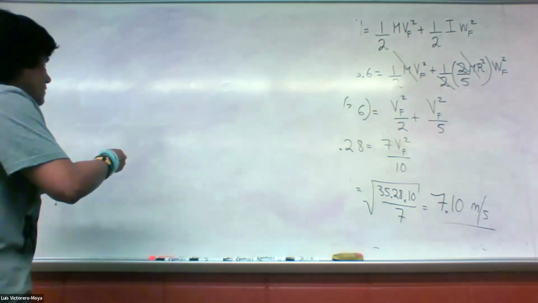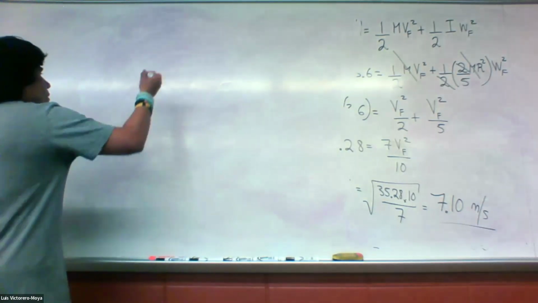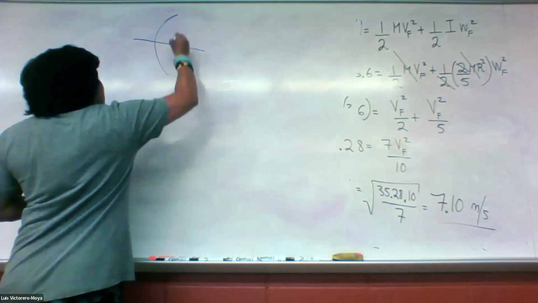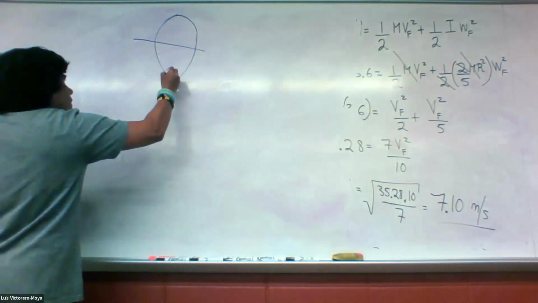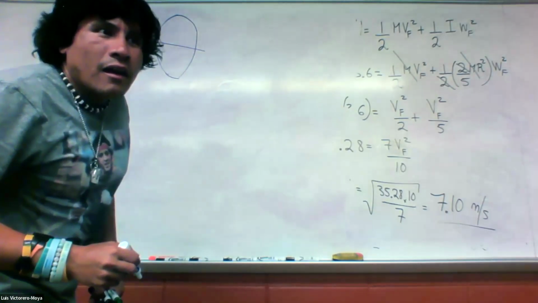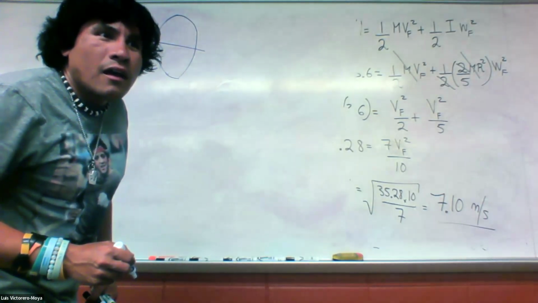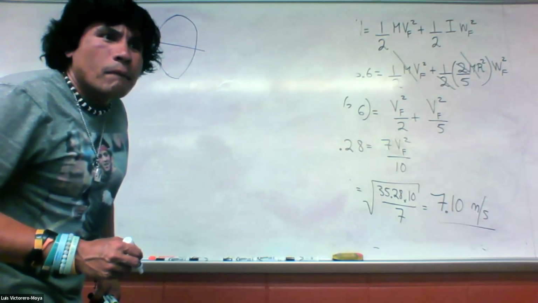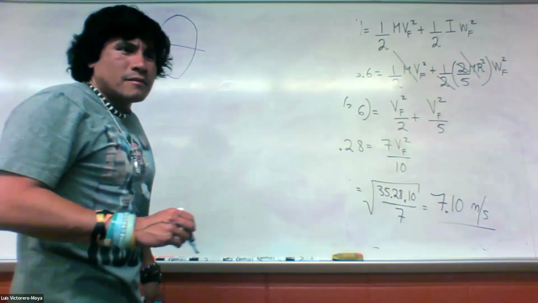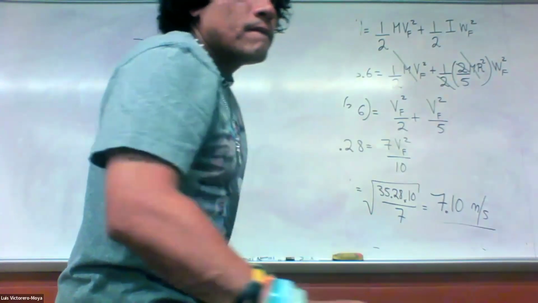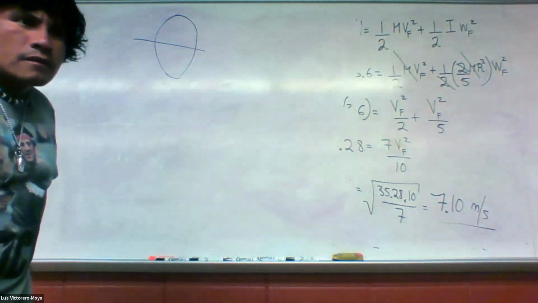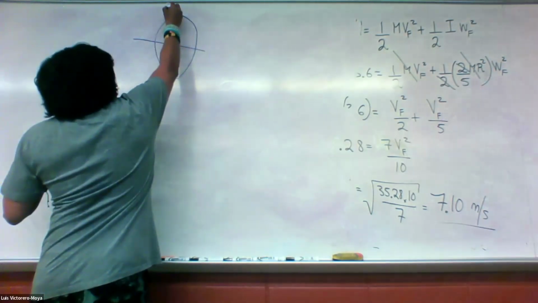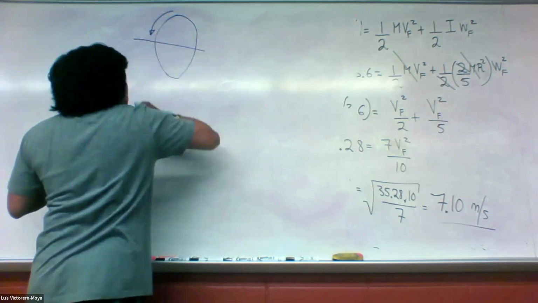What situation can you be given with energy? You can be given this. You have this axis of rotation, and you have a pulley. Okay, so yeah, it's just a pulley rotating like that.